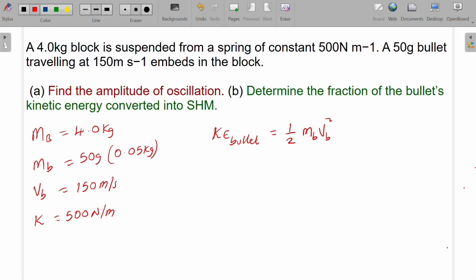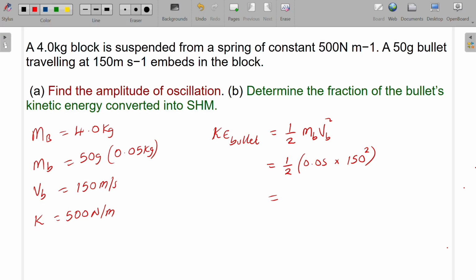So the kinetic energy of the bullet is half m_b multiplied by the speed of the bullet squared. When we replace, the mass of the bullet is 0.05, multiplied by the speed, 150, squared like that. So all we have to do here is punch our calculators.